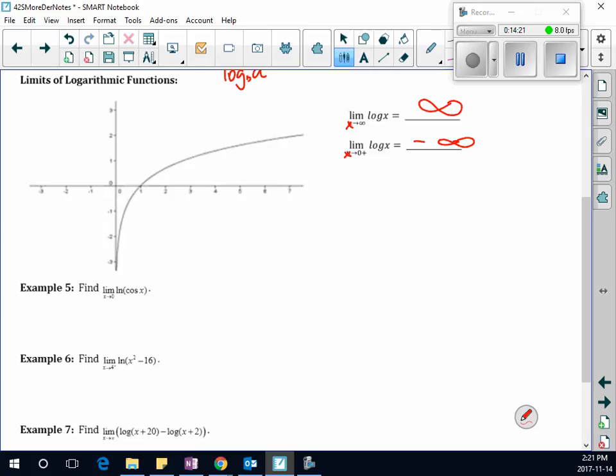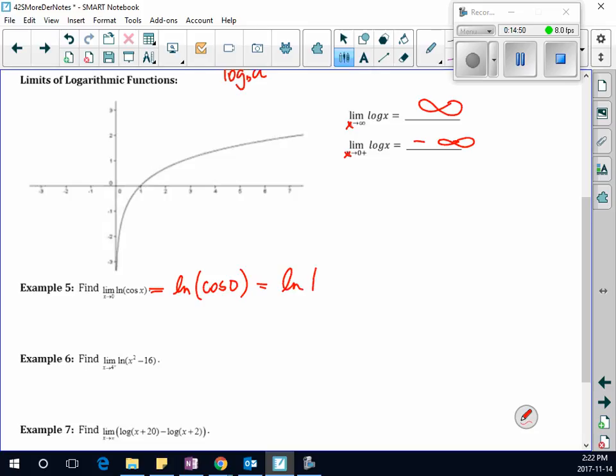So example, find the limit as x goes to 0 of ln of cos of x. Well, there's nothing you can do except sub zero in, so I get ln of cos of 0. What's cos of 0 equal to? 1. So this would be ln of 1.